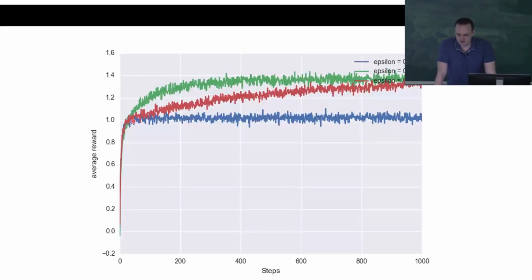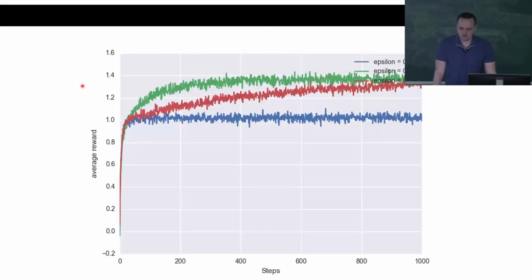Now, here, the red one is going up very slowly, and it's impossible to see here, but this is epsilon equal to 0.01. So this is 1% exploration. And what this means is it's going to learn slower because it's trying different things less often, but once it has gone for a number of time steps, and once it has learned as much as the 0.1, 10% exploration, so once they have the same amount of information, one of them is exploring 10% of the time, and the other one is only exploring 1% of the time.